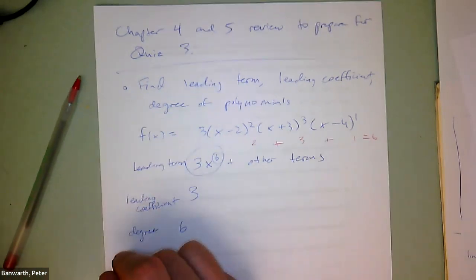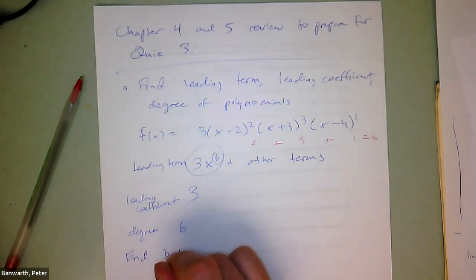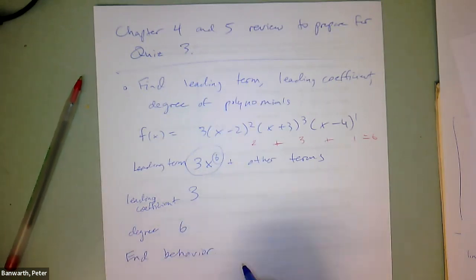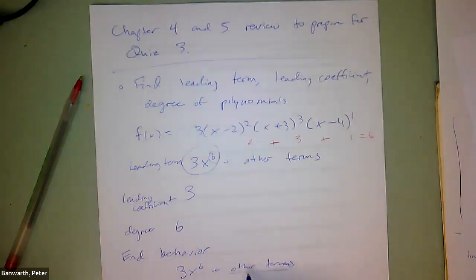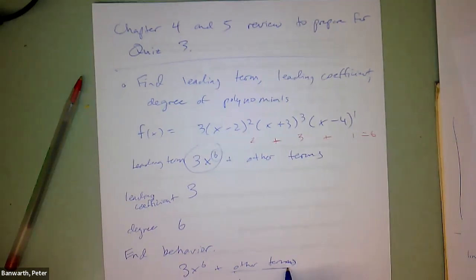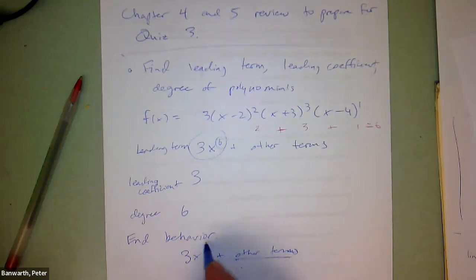All right, you need to find end behavior, which comes from the leading term. I don't worry about these other terms. That only determines my interior behavior. My end behavior comes from this.